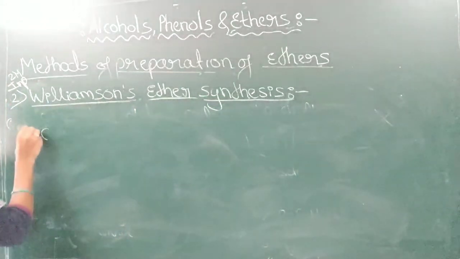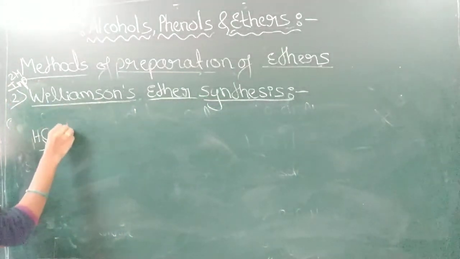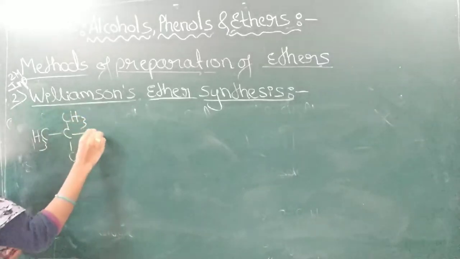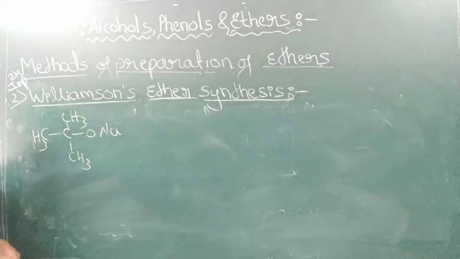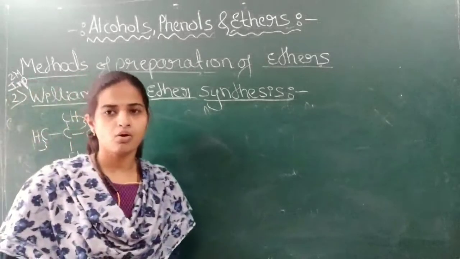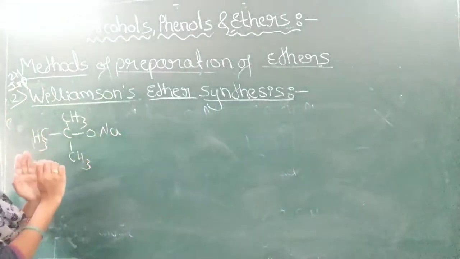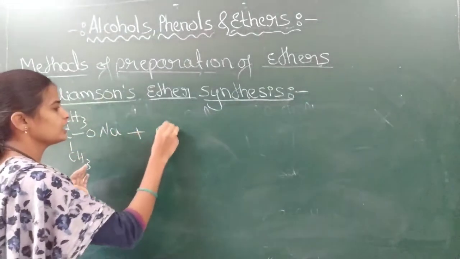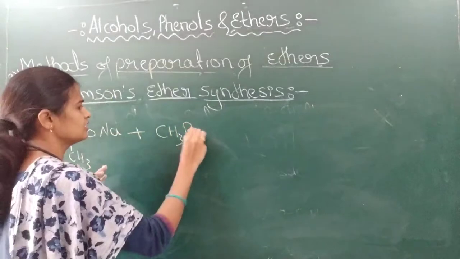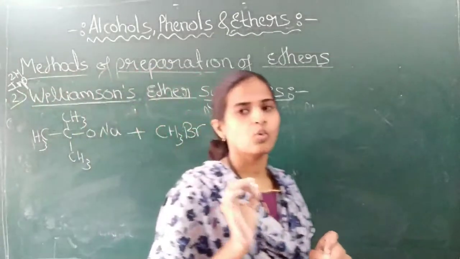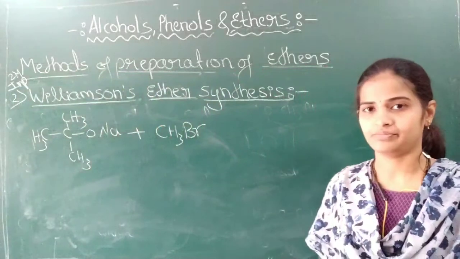Okay, see, CH3, CH3, CH3, ONa. Here we have to take sodium alkoxide; I have taken the substituted alkane instead of a simple alkane. Any alkyl halide I will take. Keep it in mind that the alkyl halide you have taken should be primary.